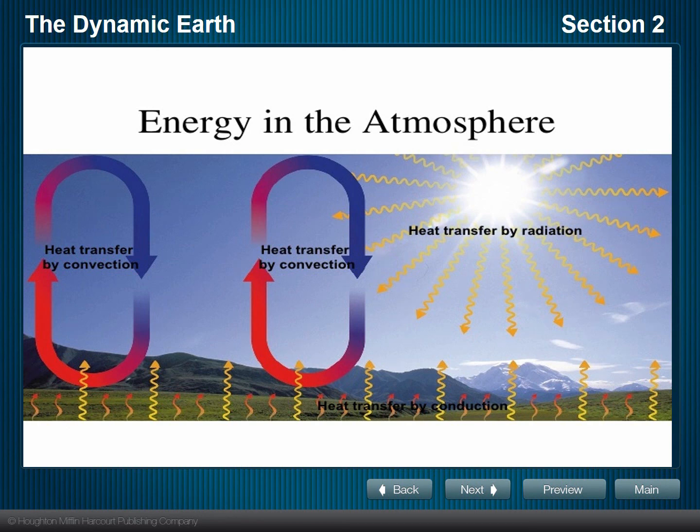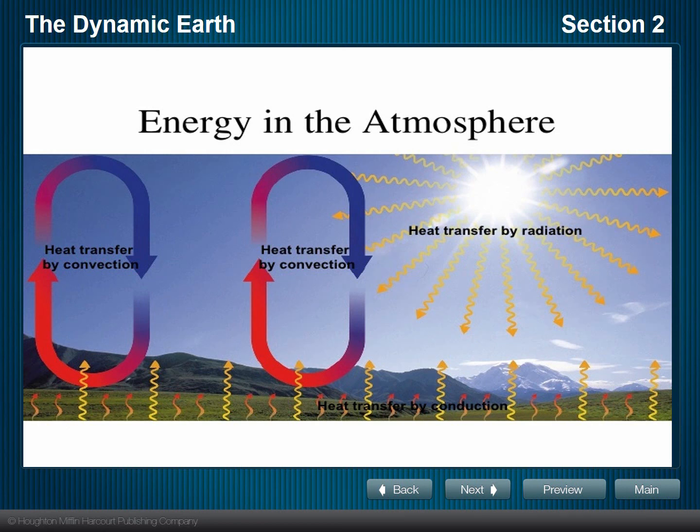This is the reason why the Earth does not have extreme temperature changes. The Earth and the land radiate the absorbed heat energy back into the atmosphere. Dark-colored objects absorb more solar radiation than light-colored objects, so dark objects have more energy to release as heat. This is one reason the temperature in cities is higher than the temperature in the surrounding countryside.